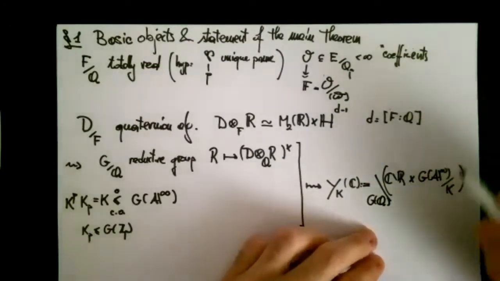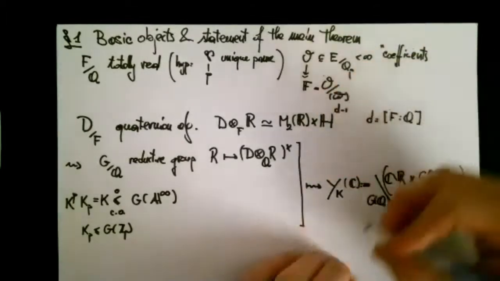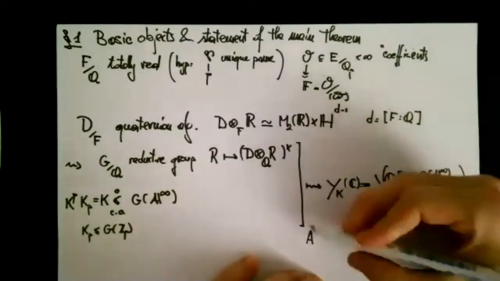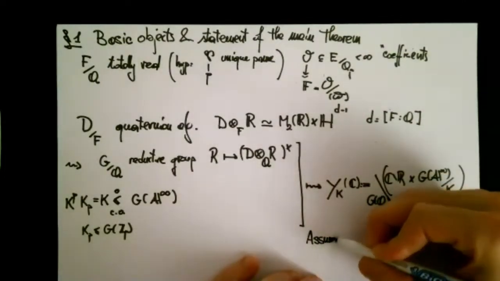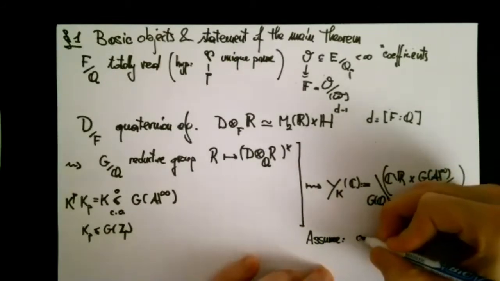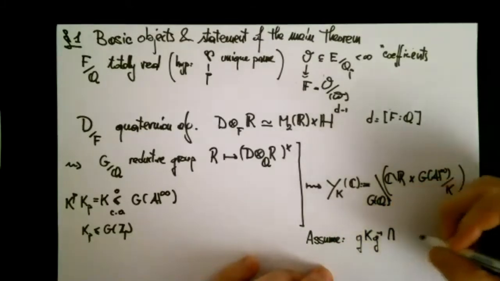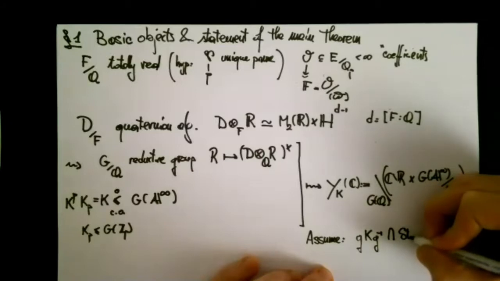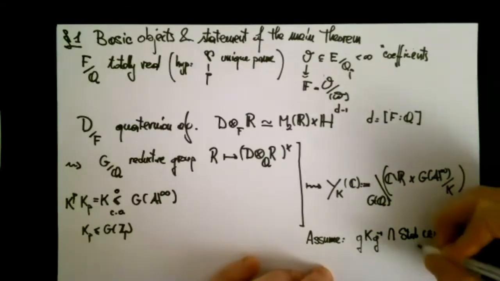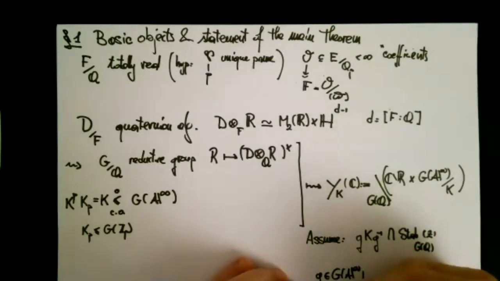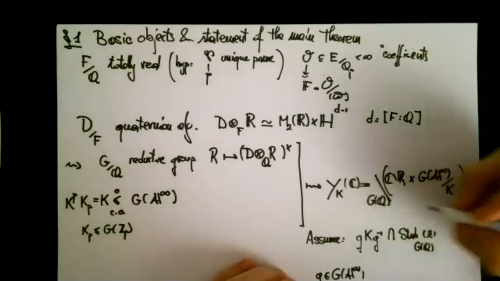So what is the point? The point is that we assume that the group K is sufficiently small. So the assumption is that if I consider gKg^-1 intersection with the stabilizer in GQ of z, so here g is any element in here, and z is any element in C minus R. So we assume that this intersection is trivial.